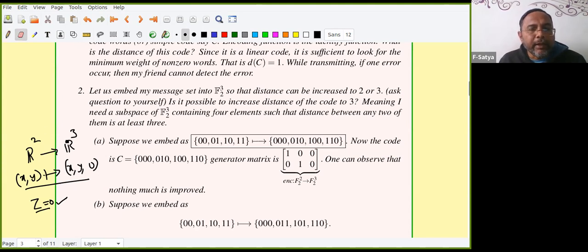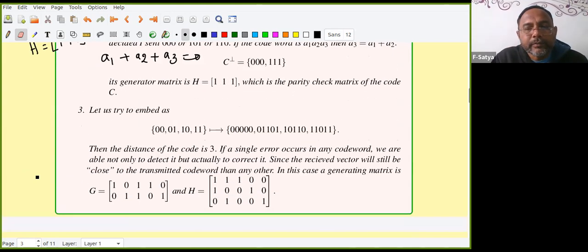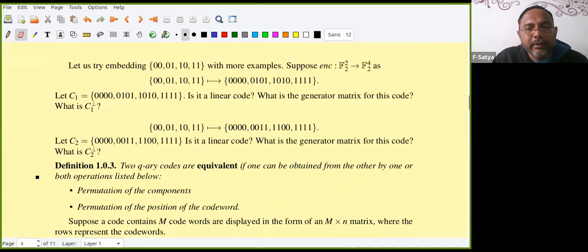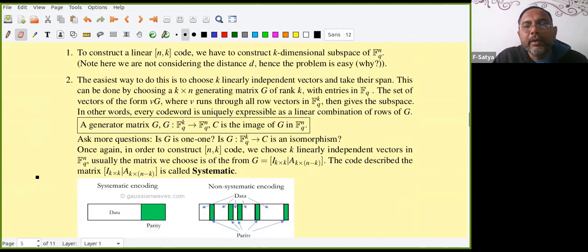This is the best for visualization, but it will not be helpful in coding theory because it will not give any use. You cannot even detect errors. Nothing can be done. The distance does not change. So what do I want to say now? To construct an n, k linear code, we have to construct a k-dimensional subspace. Note that we are not considering the distance, hence the problem is easy here. Why?